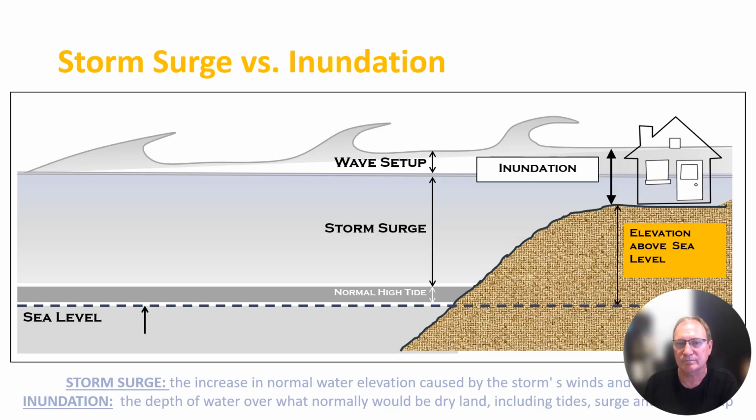again comparing it with elevation above sea level. And then this is using the word inundation to help us understand that inundation is the depth of water over what normally would be dry land. So again, we've got sea level, high tide, the effect of the tide, storm surge, wave setup, and then graphically showing us what inundation is.